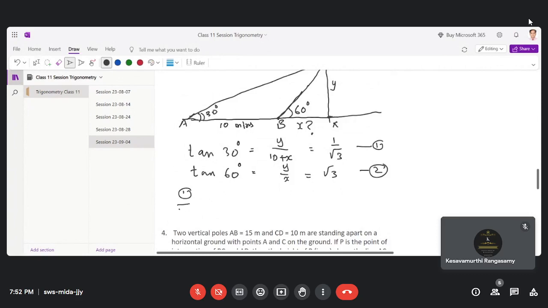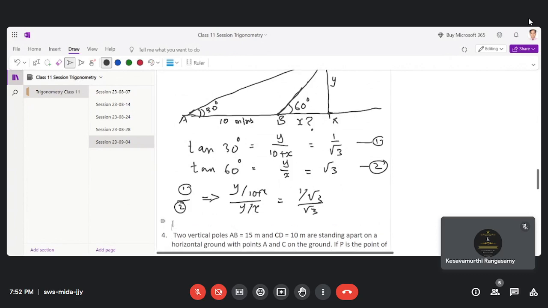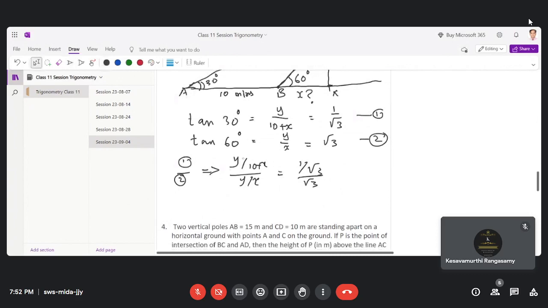You divide the 1 by 2, what you get is y by 10 plus x divided by y by x equal to 1 by root 3 divided by root 3. Y by 10 plus x times x by y will be x divided by 10 plus x equal to 1 by root 3 divided by root 3, which will be 1 by 3.